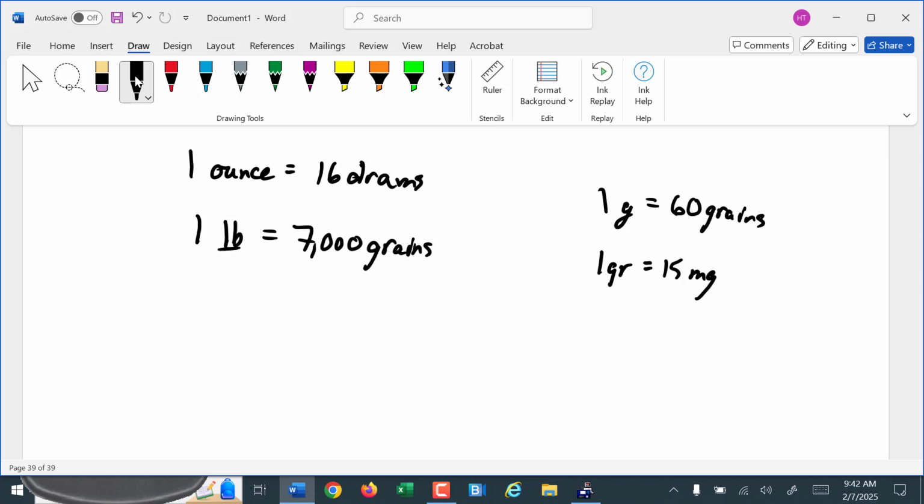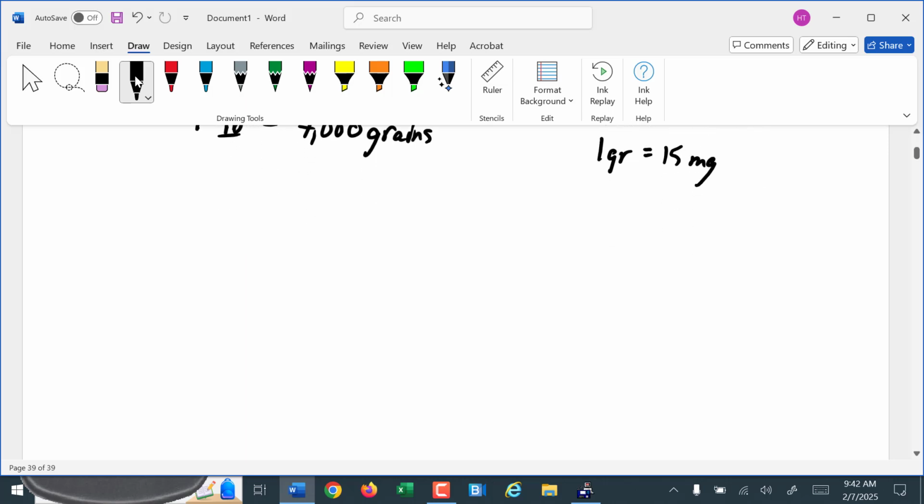There's 1,000 milligrams in a gram. So that's why I say it was not absorbed into the metric system well. It's actually like 15.8 milligrams and 62 point some grains in a gram, but they rounded them off because the metric system likes nice round numbers. But they're used a lot, especially in the medical fields. So they had to absorb them into the metric system to keep certain populations happy, I guess would be the way to put it.